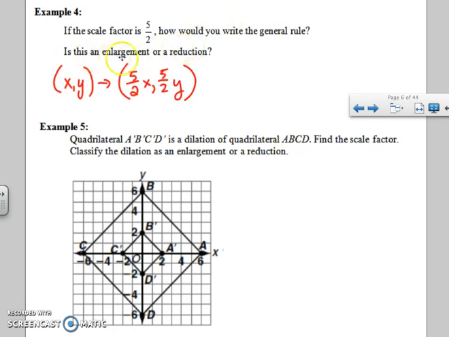Now to figure out if it's an enlargement or a reduction, again, enlarge means to make larger. Reduction is when you make something smaller. So we have to see if that number is over 1 or between 0 and 1.